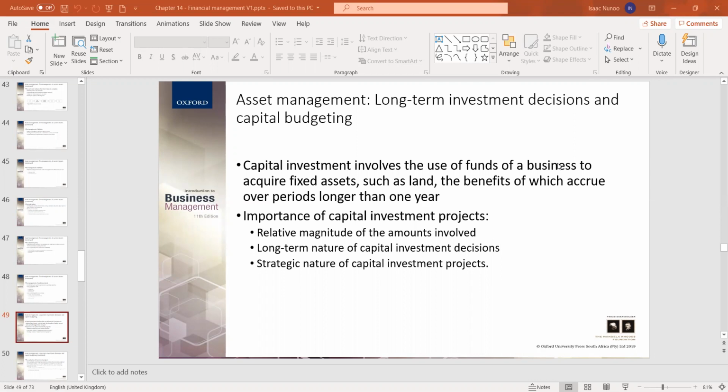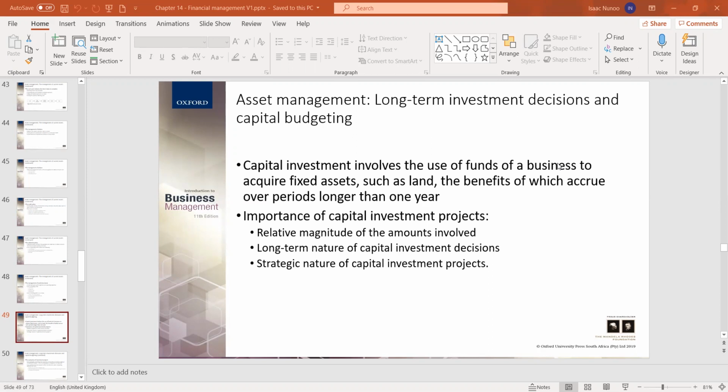The amounts involved in capital investment are much larger than those relating to other decisions. In terms of the long-term nature of the capital investment decision, the benefit from capital investment may accrue over periods varying from 2 to 3 years to as much as 30 to 40 years.